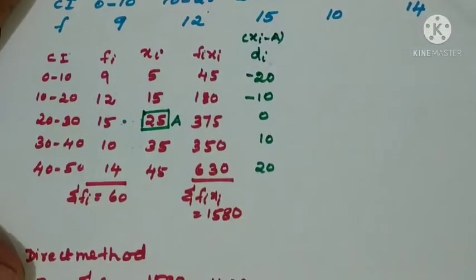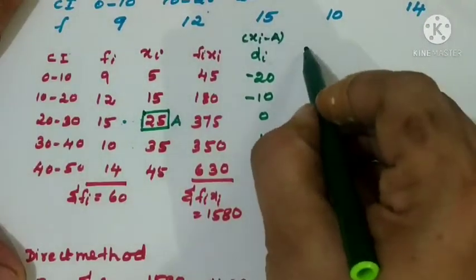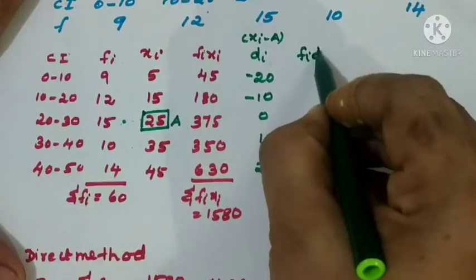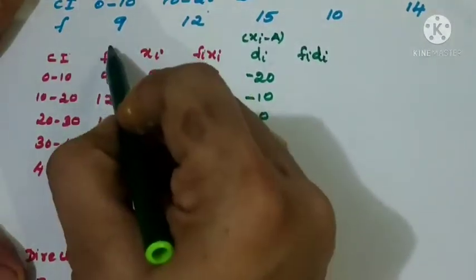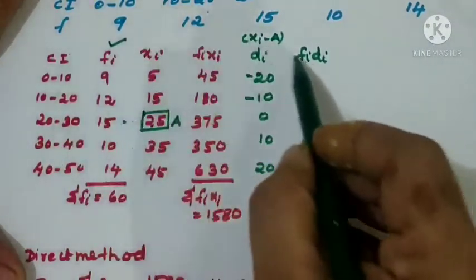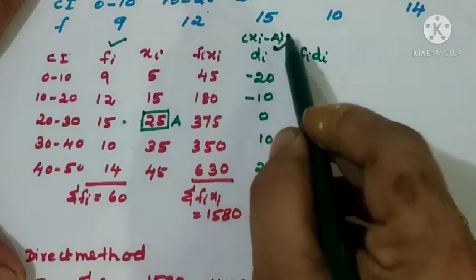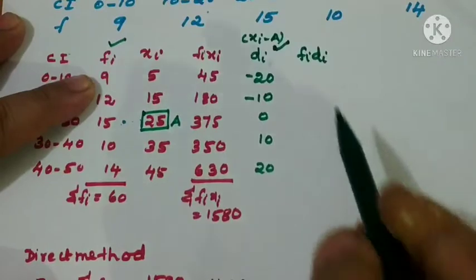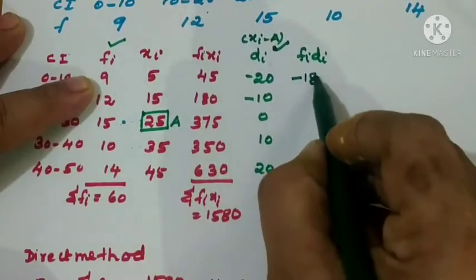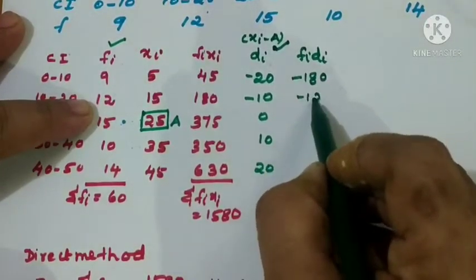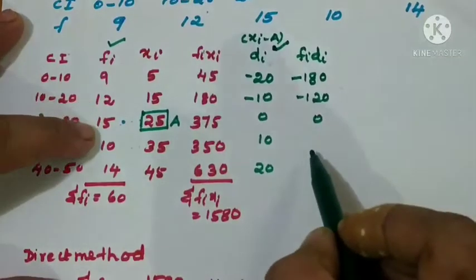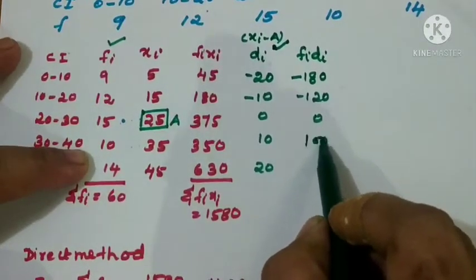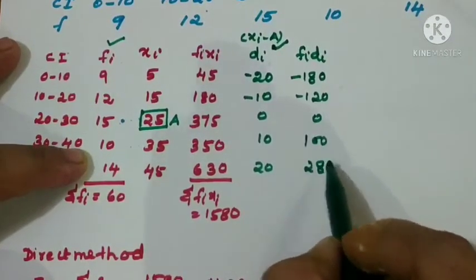So here is the column. Next, what is the column? Fi di. We take the fi column and the di column and multiply. Minus 180, minus 120, 0, then 100, then 280.